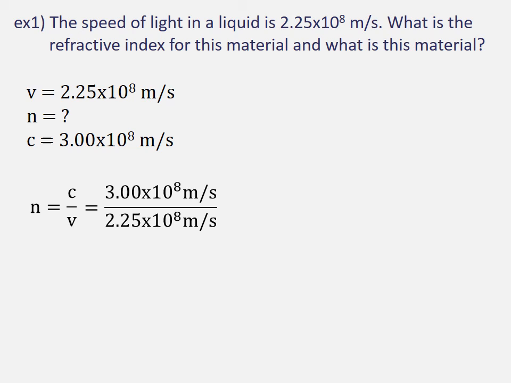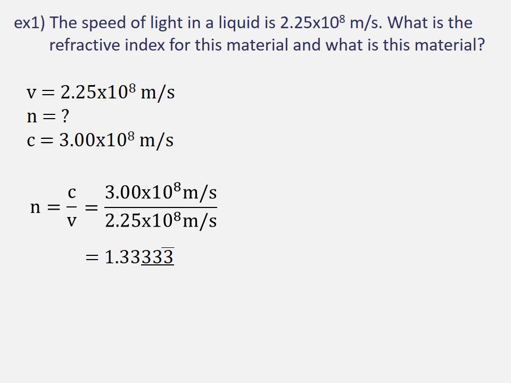When I enter this into my calculator, remember you should be using your E button. So it gets entered as 3.00, and then typically second function EE, 8 divided by 2.25, second function EE, 8, and then equals. Again, E stands for times 10 to the 8.